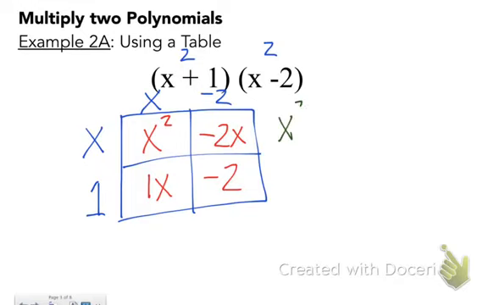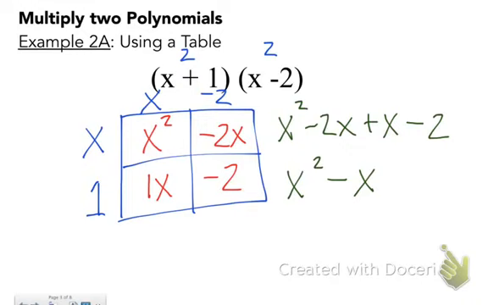So I end up with x squared minus 2x plus x minus 2, and negative 2x and positive 1x can be combined. So I get x squared minus x, negative 2 plus 1 is negative 1, minus 2. And that would be my final product.